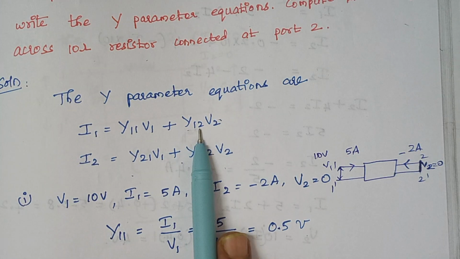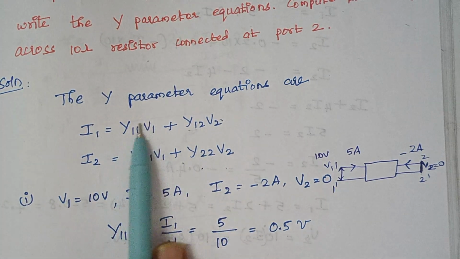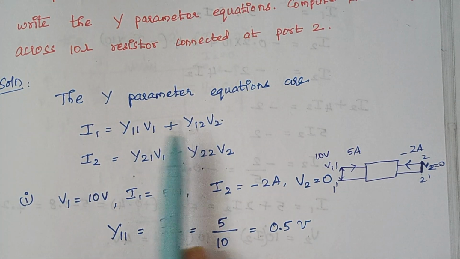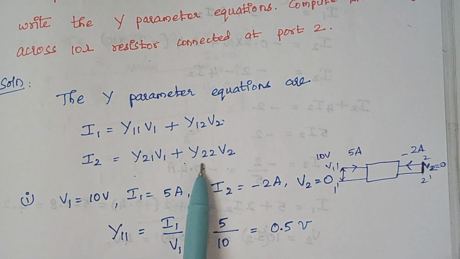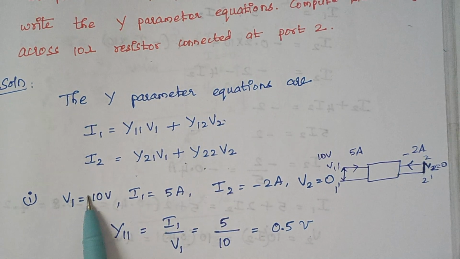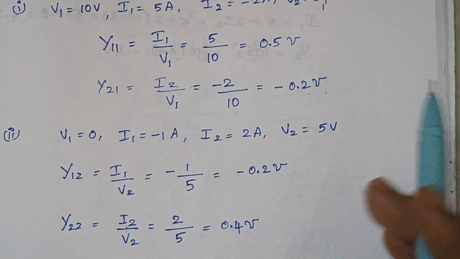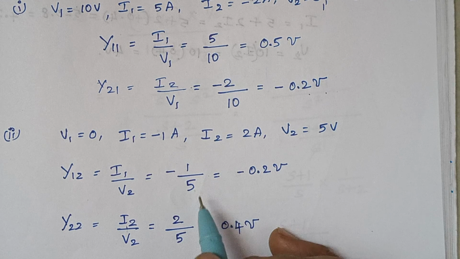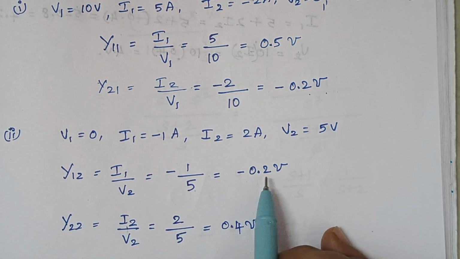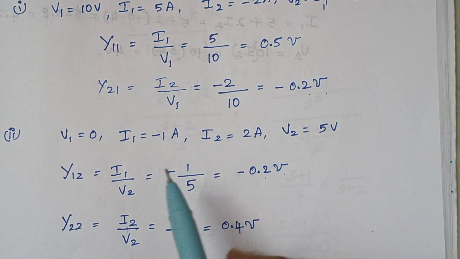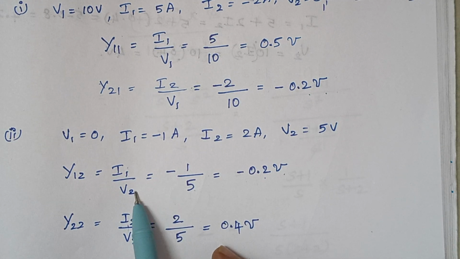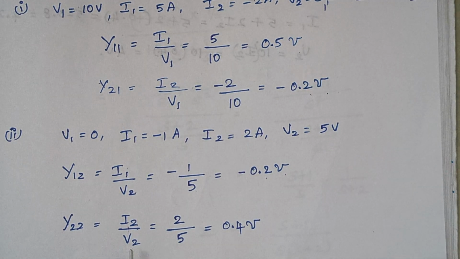Y12 is I1 by V2 and Y22 is I2 by V2. Just substitute, and Y12 is minus 0.2 mho because again it is the ratio between current and voltage. And Y22 is 2 by 5, which is 0.4 mho.